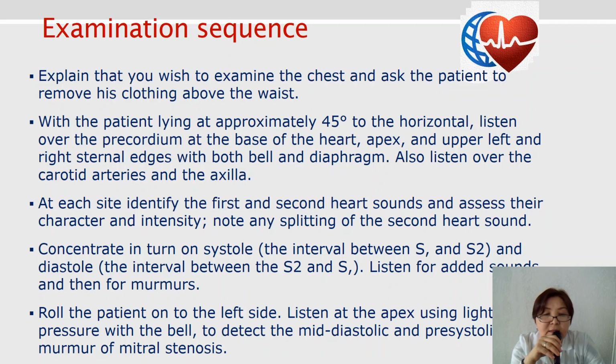Listen for added sounds and then for murmurs. Roll the patient onto the left side. Listen at the apex using light pressure with the bell to detect the mid-diastolic and presystolic murmur of mitral stenosis.